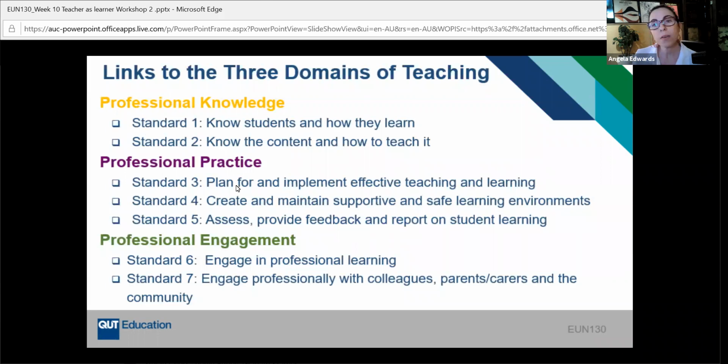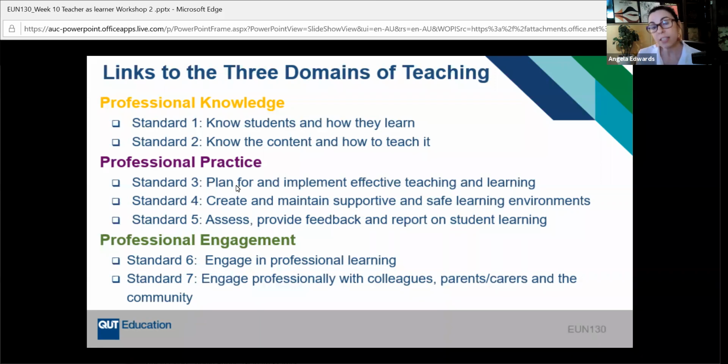So the teaching standards, as we said before, inform the development of your self-reflection and your self-assessment, and therefore your professional learning goals. They provide a framework to judge the success of your teaching practice. So your professional teaching statement will therefore need to make explicit links to these 3 domains of teaching.